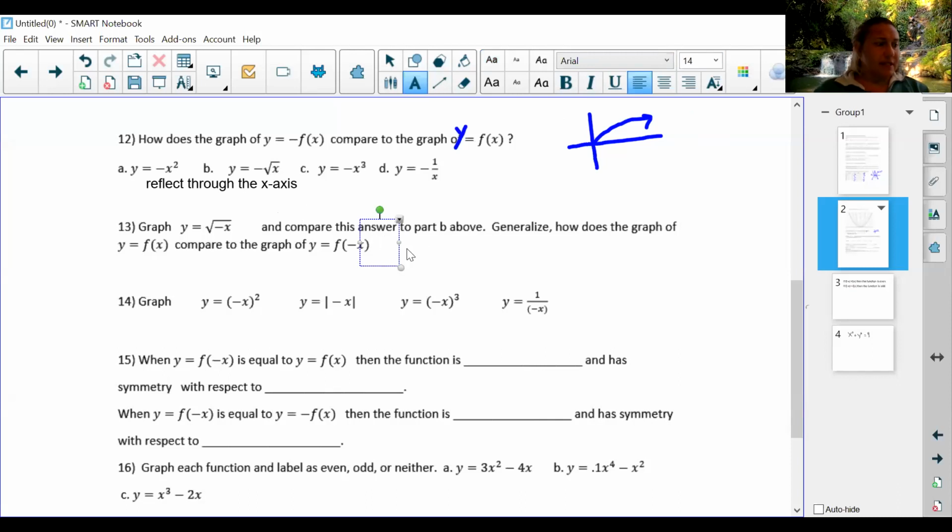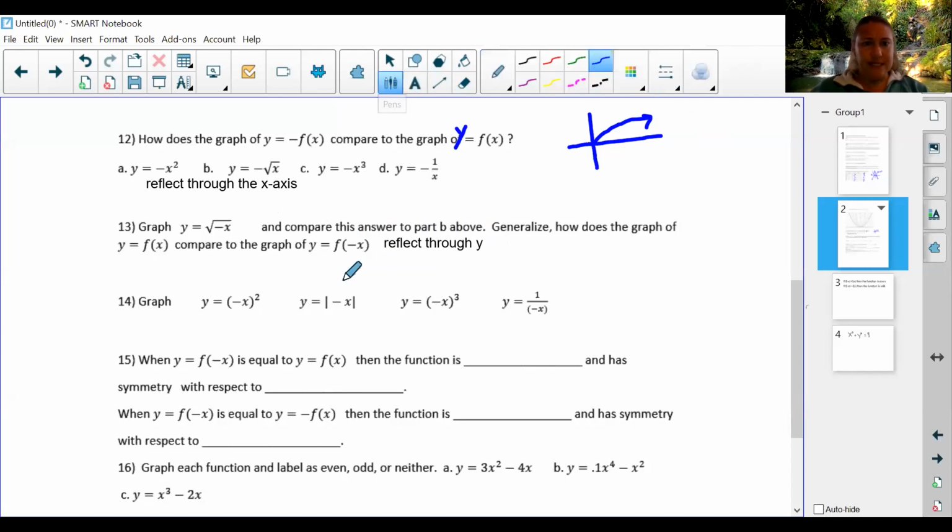What happens every single time is that I reflect through y. And these might actually have not been the best examples to show you, to help you see that. These two, I get the same answer either way. And the reason that I get the same answer in both of these cases is both of these functions have symmetry with respect to the y-axis.